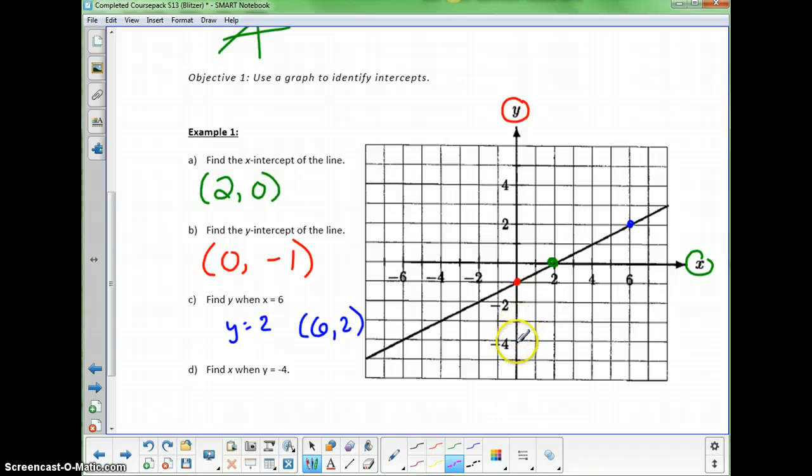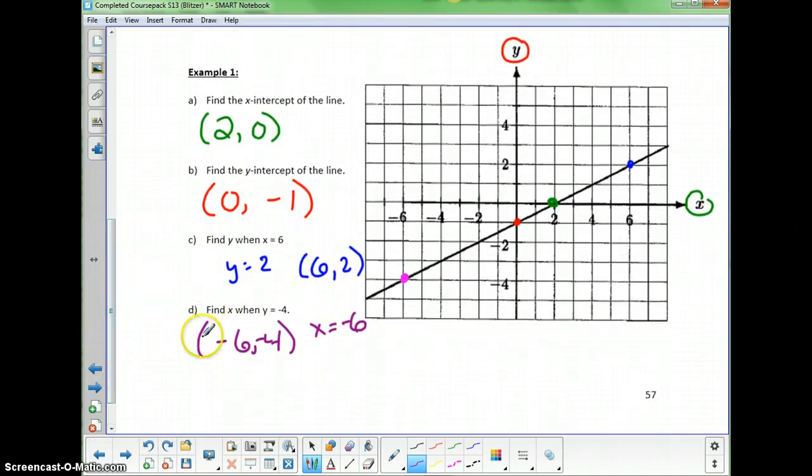So -4 is a y reading now. We're going to find the x value. So right there. And so that one is going to be the ordered pair (-6, -4). Or as an answer to the question, we're looking to find the x, so we could just list the x value as -6. Alright, let's look at the next one.